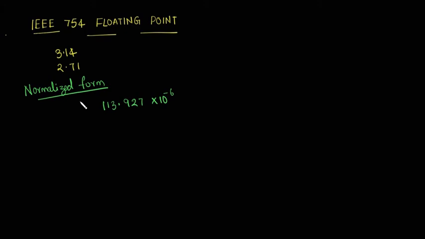Then in normalized form, we must have only a 1 before the decimal point, such as 1.13927 into 10 power minus 4. This is the normalized form, whereas this is not a normalized form, or even 0.01 into 10 power 5, something like that is also not a normalized form.